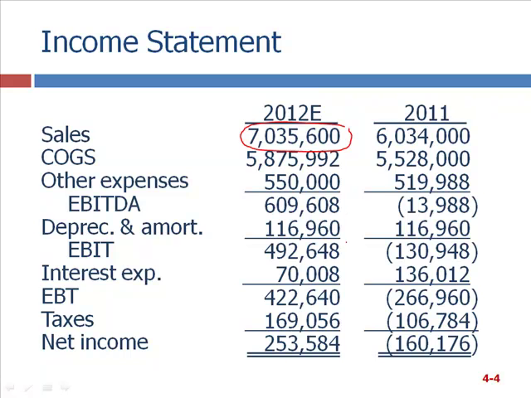We might want to see how much of it results in at least operating profit. So the operating margin that we discussed would be calculated by taking this number, $492,648, and dividing by the sales figure of $7,035,600. And we do that over here.